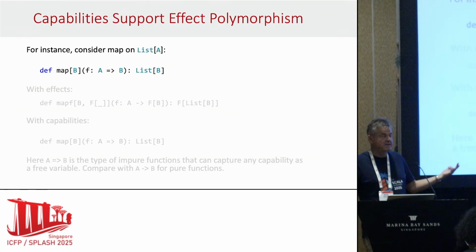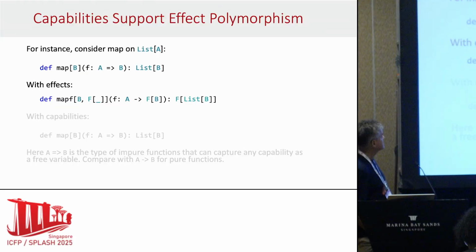So a very simple case, map is always the simplest. Map on a list is written like this in Scala. If I would write it with effects, like in Cats Effect or things like that, then I would represent the effect as a higher kinded type, F here. I would say, well, my function now is a function from A to F of B, where F is this unknown effect.